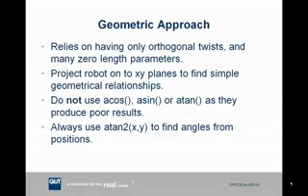This geometric approach has a few assumptions that we rely on to make it feasible. We rely on only having orthogonal twists and also hopefully many zero-length parameters to make the math a bit easier. The general approach is to project the parts of the robot we're analyzing onto planes in order to find simple geometrical relationships in terms of angles and so forth.